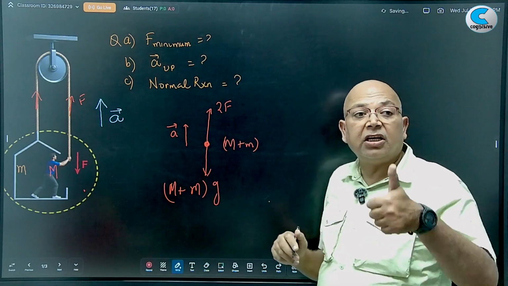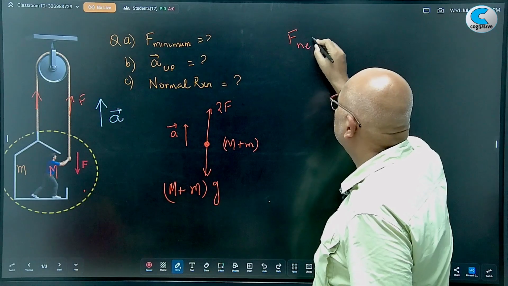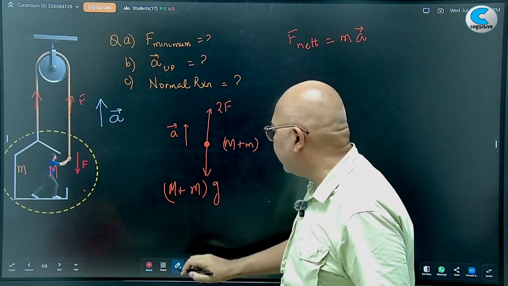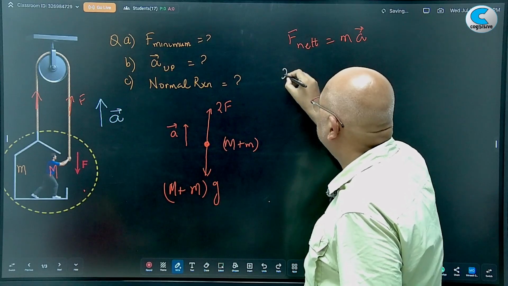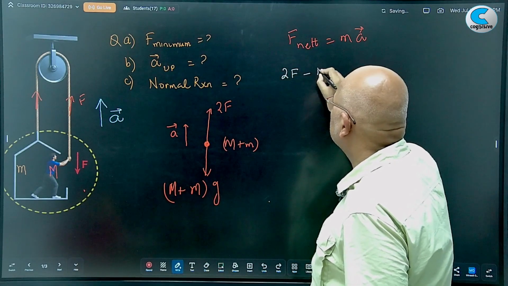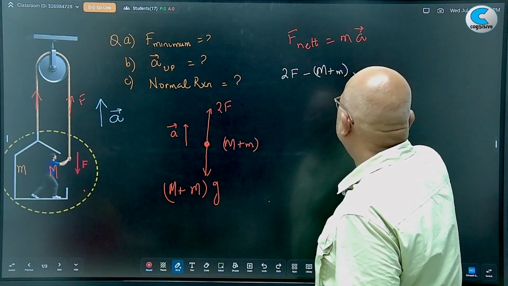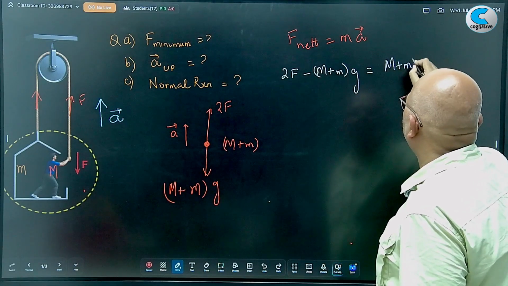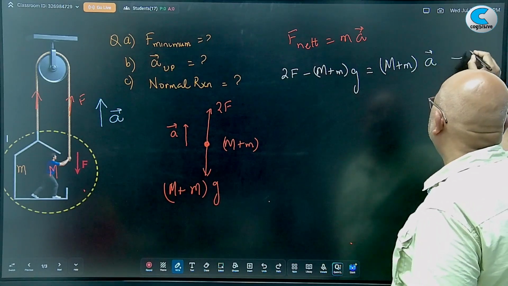So if I use the force effect law, which means that the net force is equal to mass times acceleration, we can clearly see here that net force, up force 2F minus down force, capital M plus small m into g, will be equal to capital M plus small m times acceleration. That is my equation number 1.